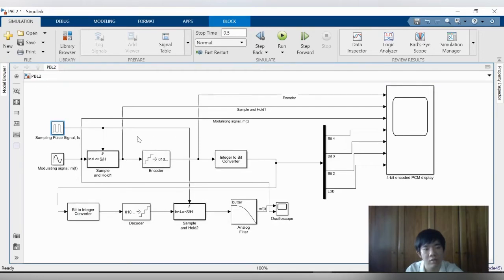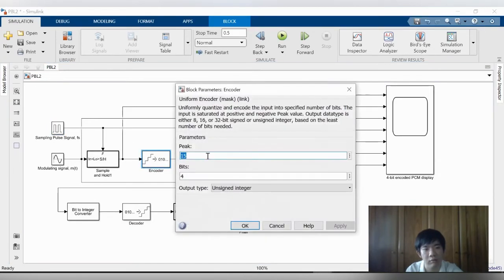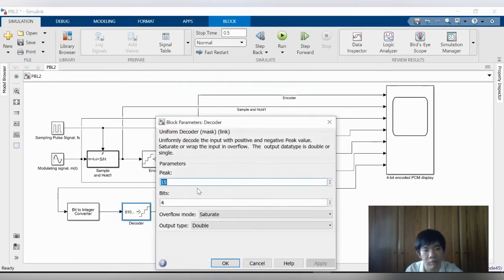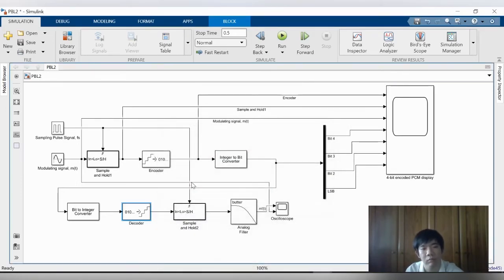This time we change the encoder peak to 0.5, and the peak for the decoder to 0.5, and then we run the simulation.